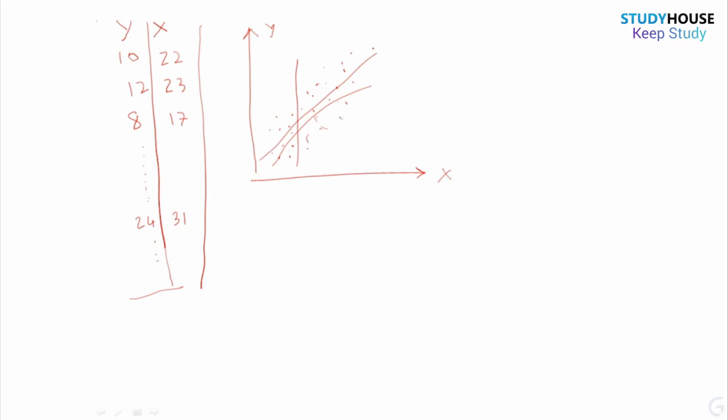It tries to look at every observation and looks at how far it is from the proposed line. What I'm trying to find out is how close a particular point is to the line. This point is this distance away. If there was an observation here, it would be this much distance away.